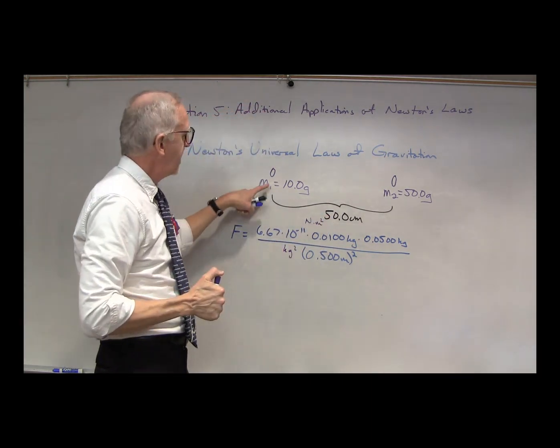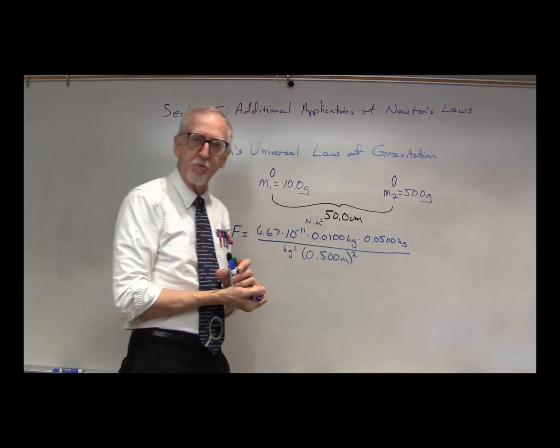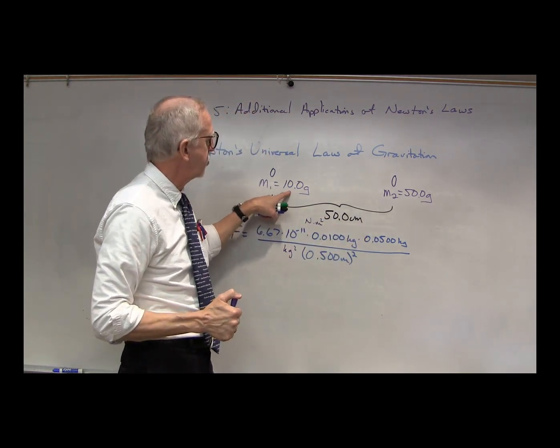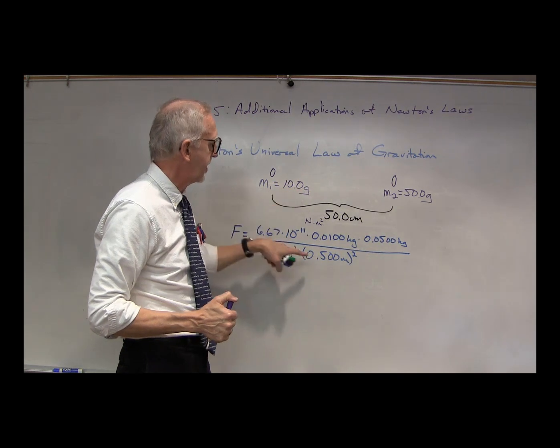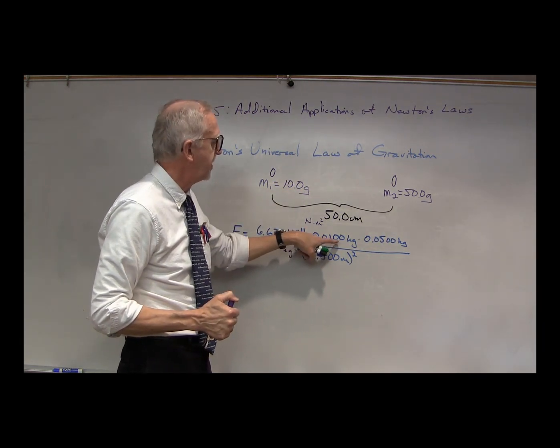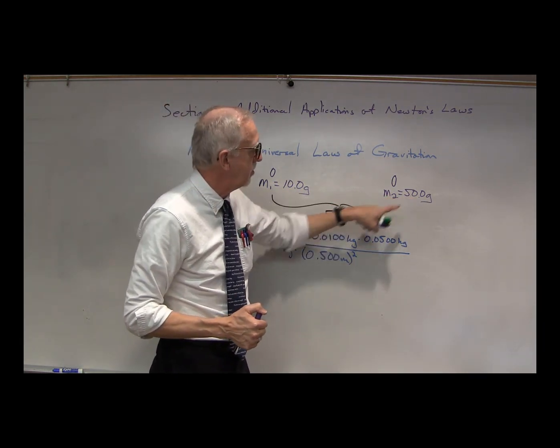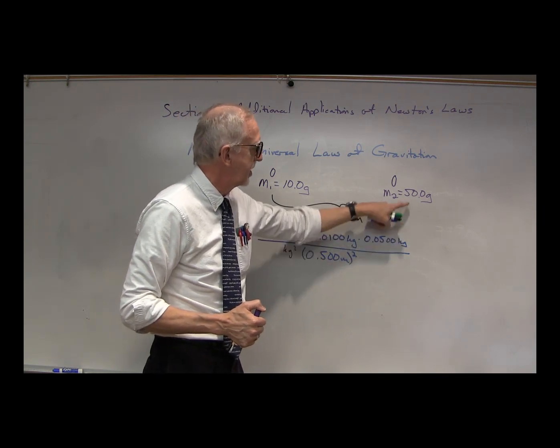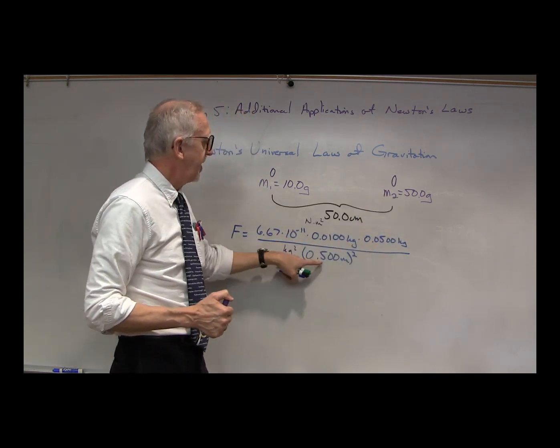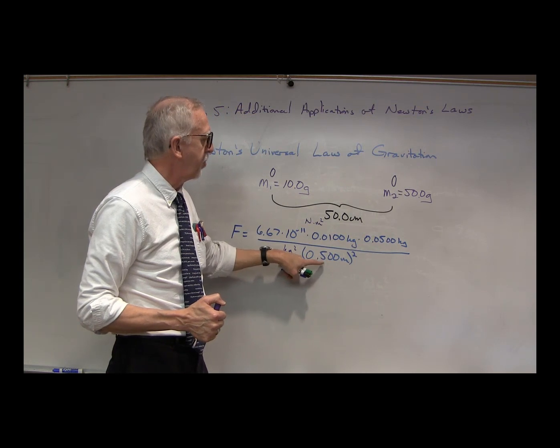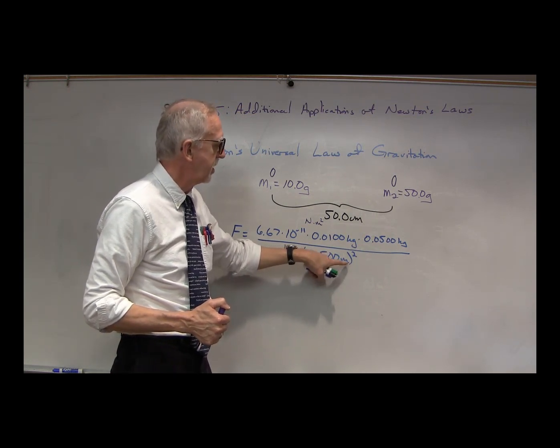Times m1, let's put them all in standard SI units right in the beginning. So 10 grams would be 0.0100 kilograms. So times 0.0100 kilograms times 0.0500 kilograms divided by 50 centimeters, or 0.500 meters squared.